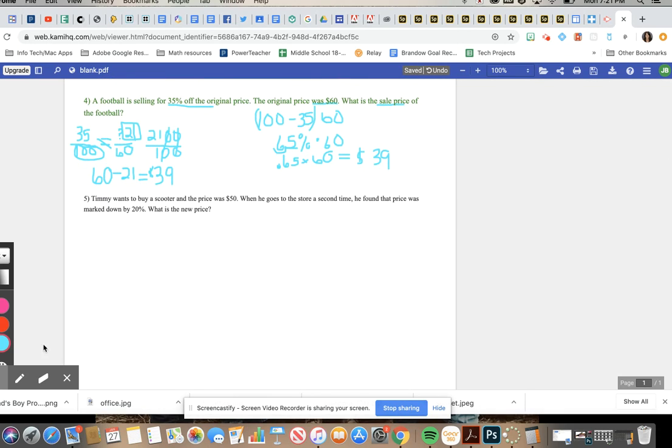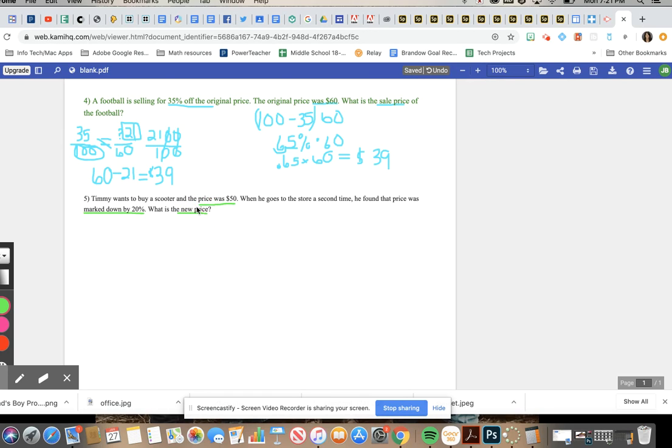Okay, one last problem here. Let me change color one more time. Go to green. Okay, Timmy wants to buy a scooter and the price was $50. When he goes to the store the second time, he found that the price was marked down by 20%. What is the new price?